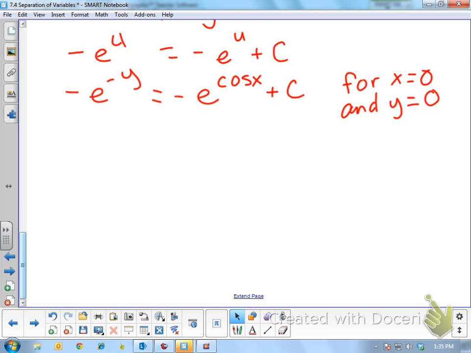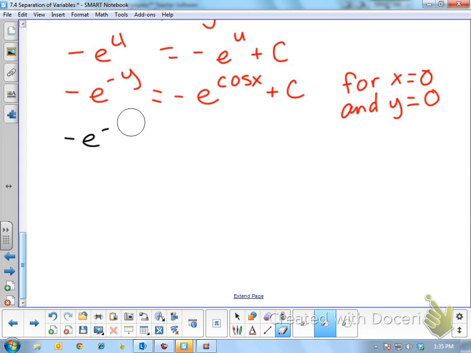So you do have to be careful. A lot of you guys said cosine 0 is 0 instead of 1. We do really need to have those trig values memorized so we don't make little tiny mistakes like that.